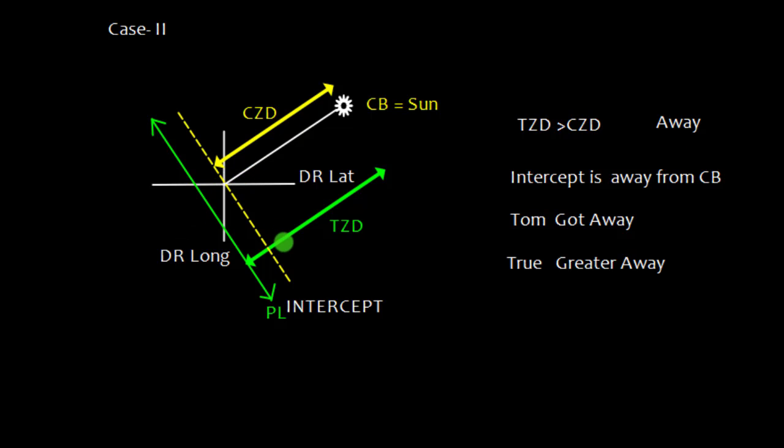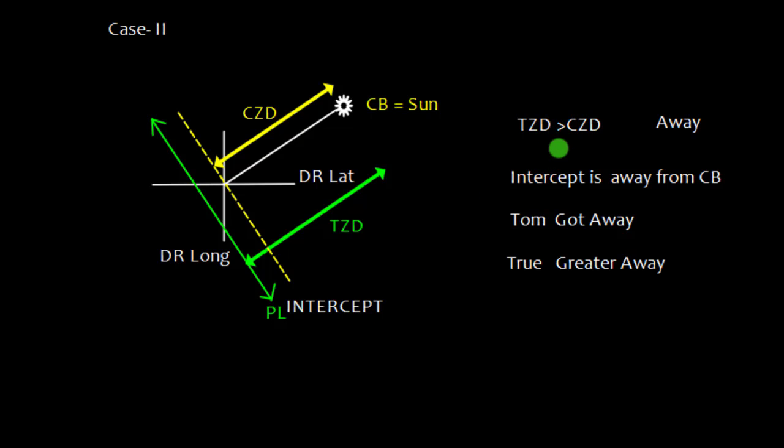So you can say the true zenith distance, this TZD, is more. It has to be more only in this case, when it is away. Well, the difference between this dotted line and this green line, that is the position line, is called intercept.